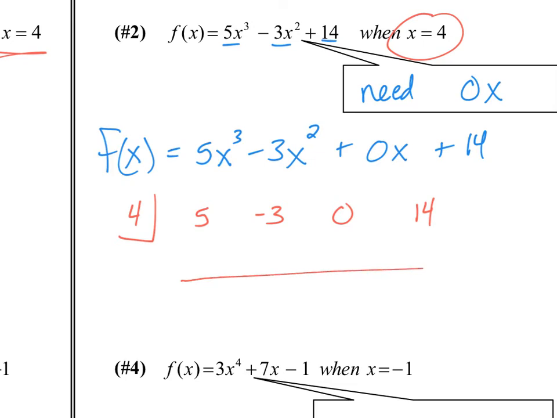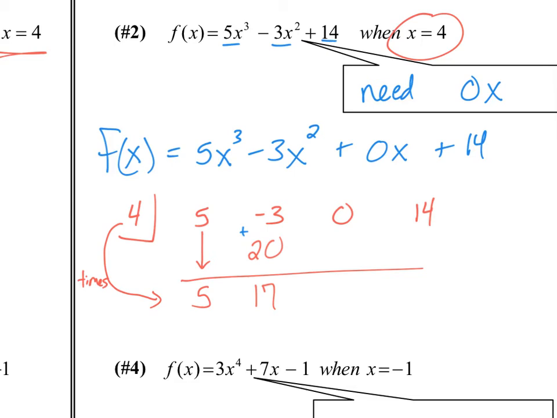So here's how synthetic substitution works, which is something we're going to need later on. You bring down your first coefficient, the leading coefficient. What we're doing is taking every number down here times 4. So 4 times 5 is 20, and we put 20 in that next blank. We add these up. -3 plus 20 is 17.